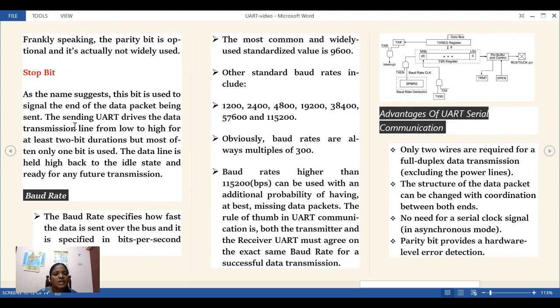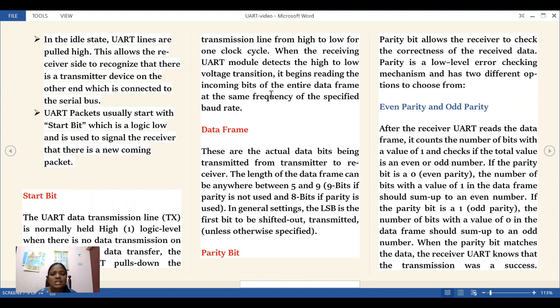So what does the stop do here? At the start, it is pulled from high to low, so at the stop, it goes from low to high. It means the receiver can understand that the data line is held high, back to the idle state and ready for any future transmission. Right, here we can see in the start bit there will be a term baud rate.